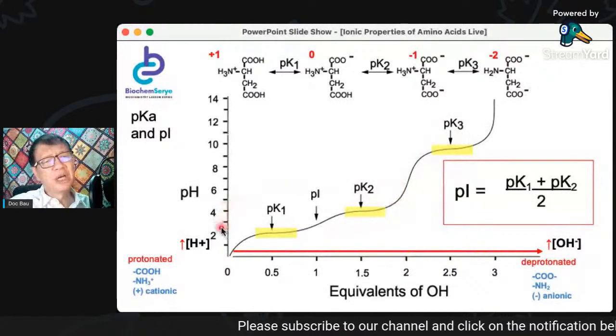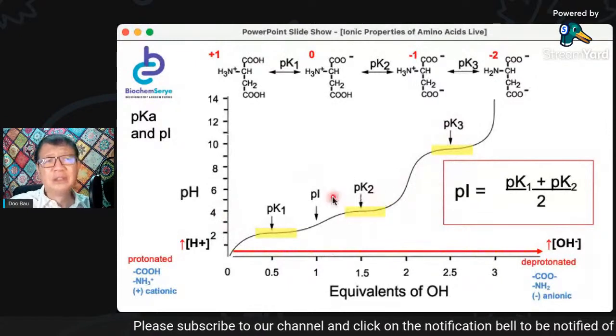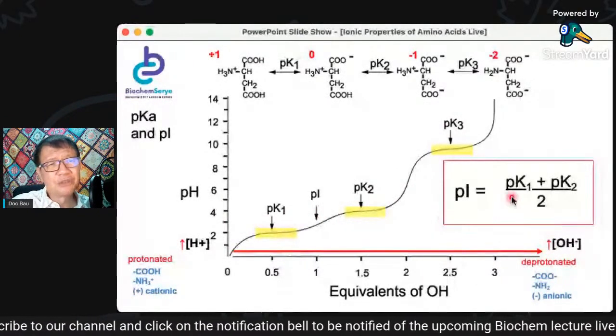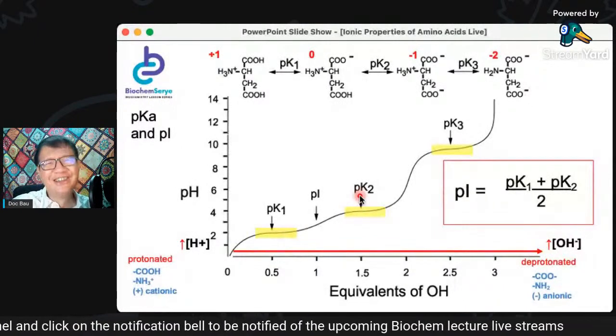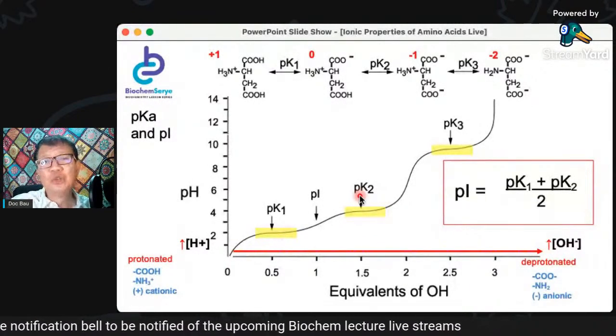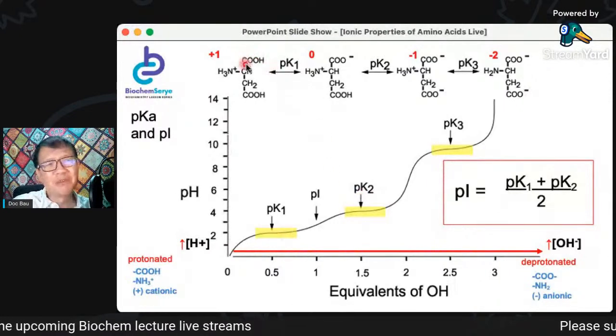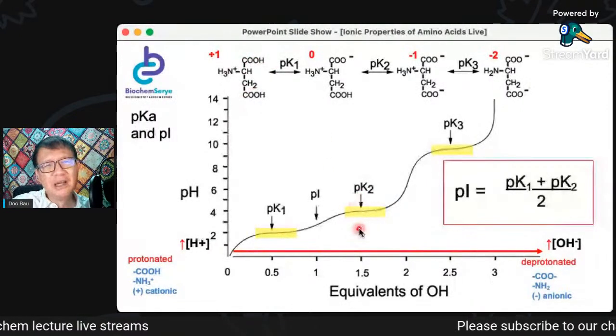For acidic amino acids, please remember that the Pi, or the isoelectric pH, is just the average of the two most acidic functional groups. In this case, it's your alpha carboxyl and your beta carboxyl.